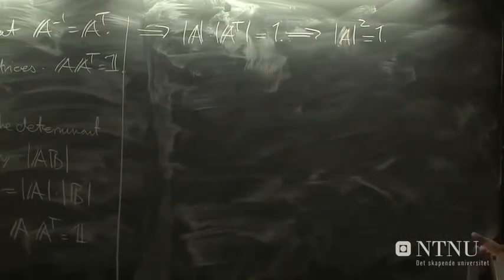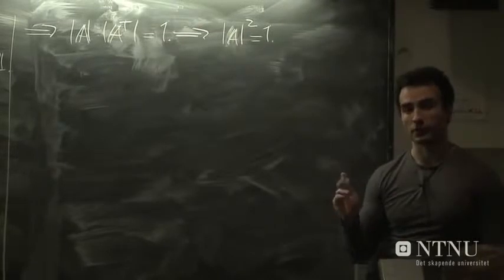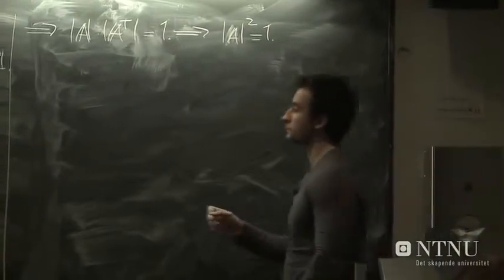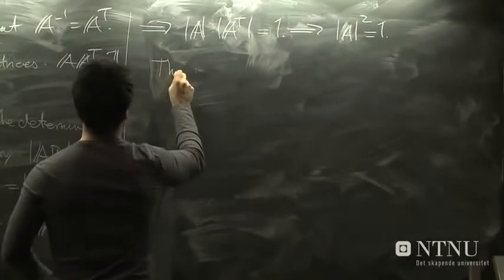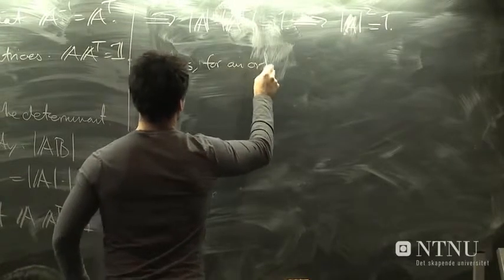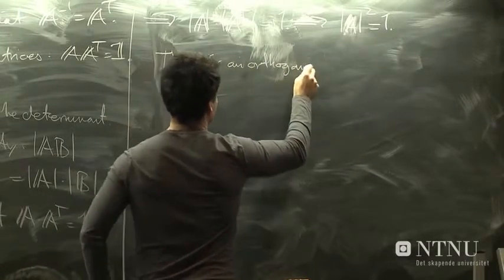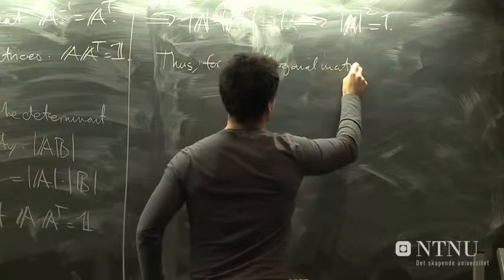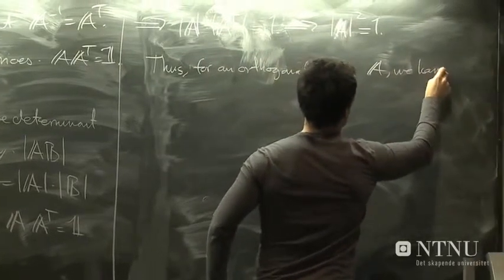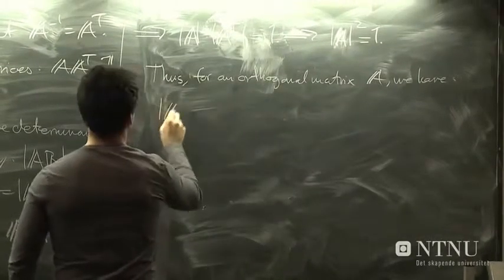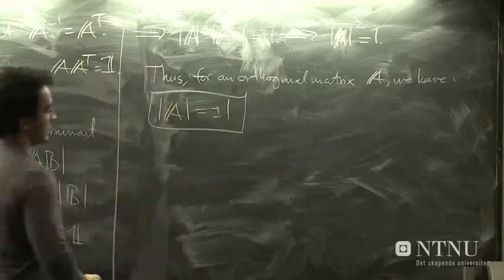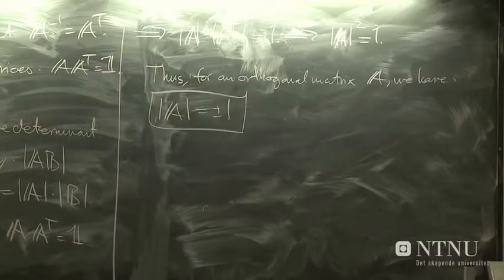And that thus leaves us with only two possible choices for the determinant of an orthogonal matrix. It's either plus or minus 1.